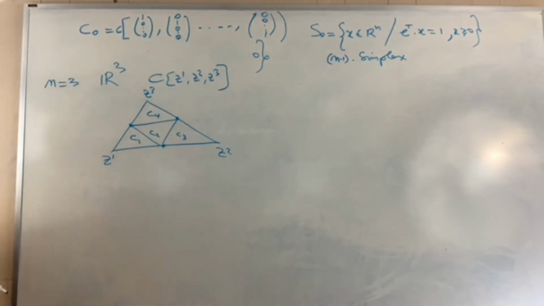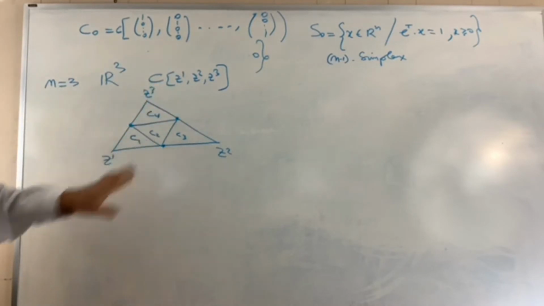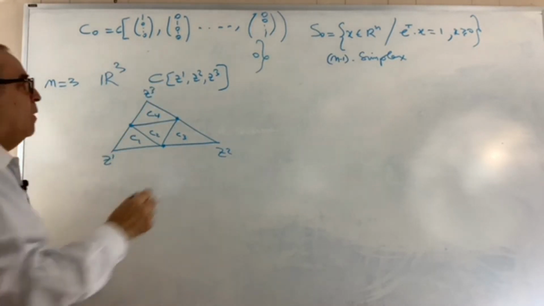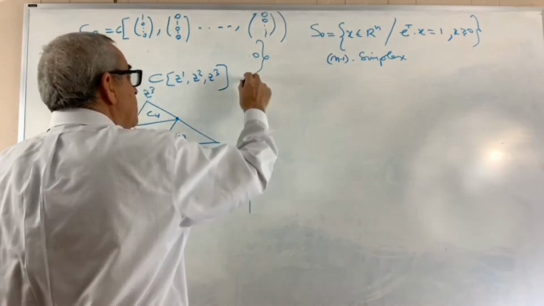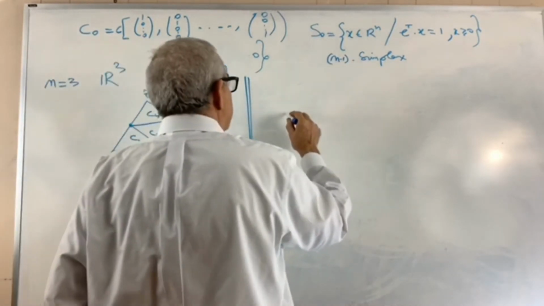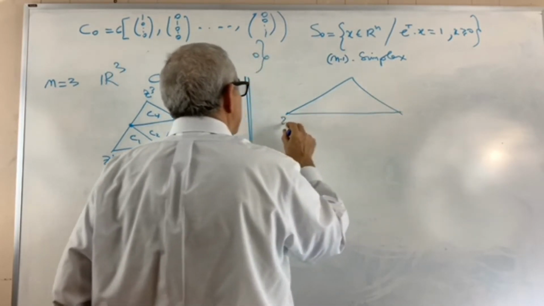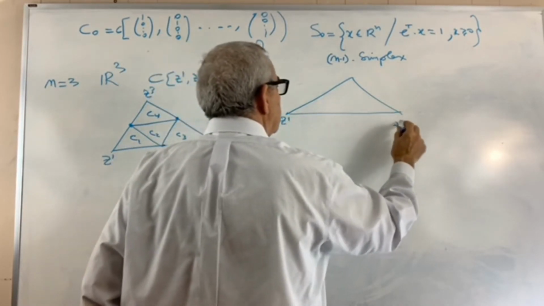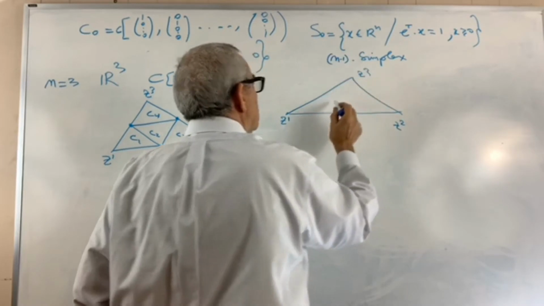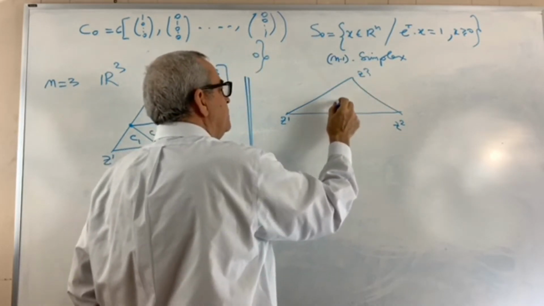I subdivided this cone into these 4 cones. Or for another example, with the same Z1, Z2, and Z3, I could take the barycenter.